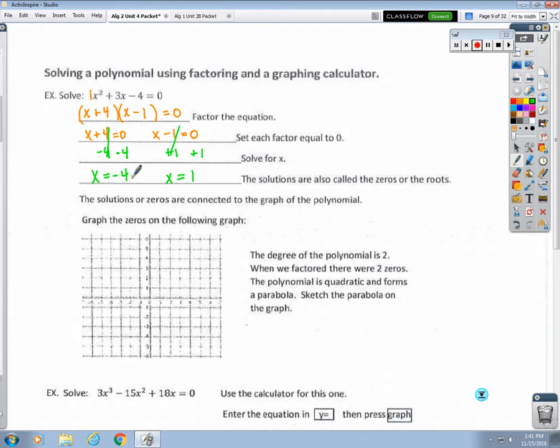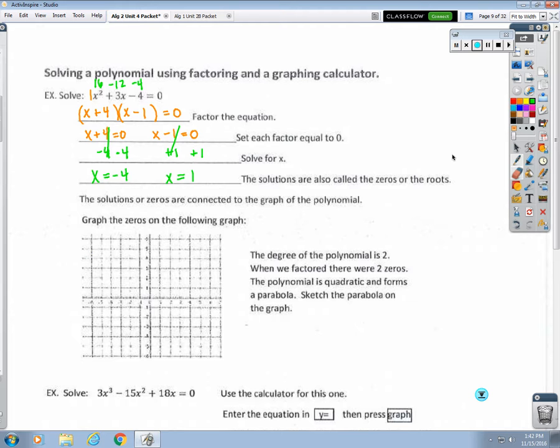Now, why is it that those are the solutions? What makes those the solutions? What did we do a while ago to show that those are the solutions? Right, if I plug in a negative 4 right here and a negative 4 right here, negative 4 squared is positive 16. 3 times negative 4 is negative 12, and then if I bring up that minus 4, is 16 minus 12 minus 4 equal to 0?